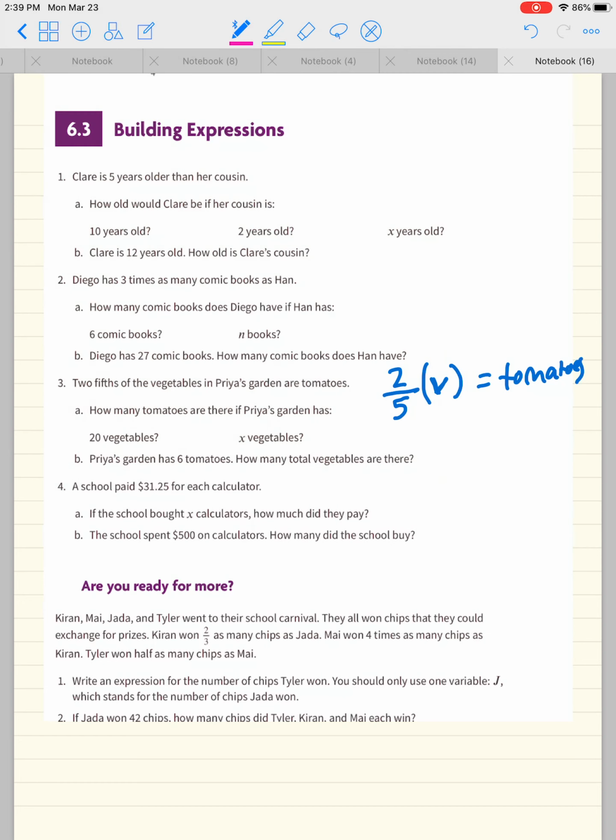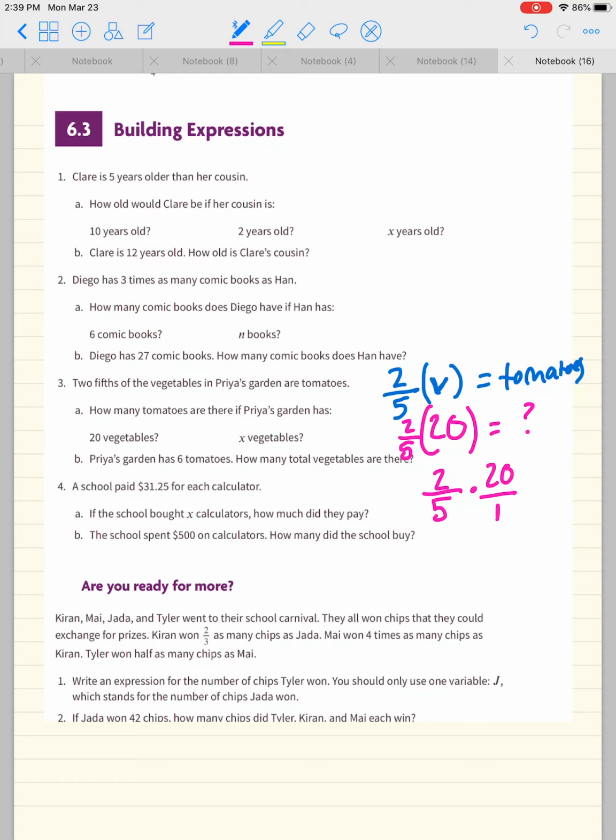X vegetables. Okay. So, first of all, I'm going to plug in 20. And it's going to be 2/5 times 20 equals how many tomatoes? So go ahead and try that on your own. Pause the video and try to do 2/5 times 20. Okay. I hope you tried this on your own.